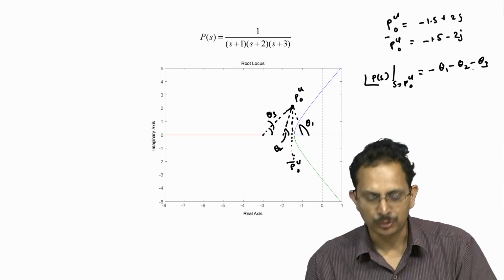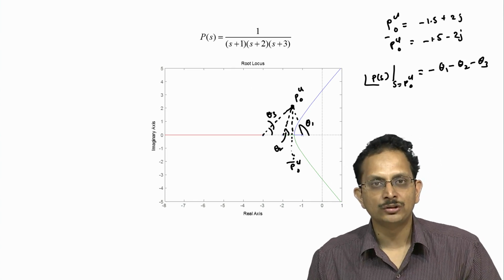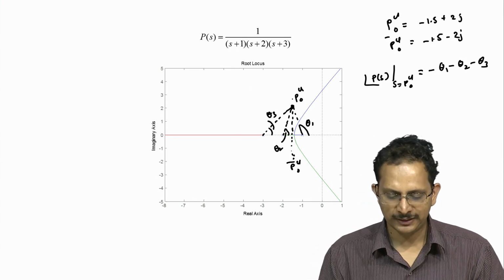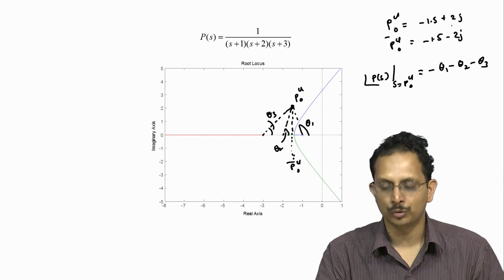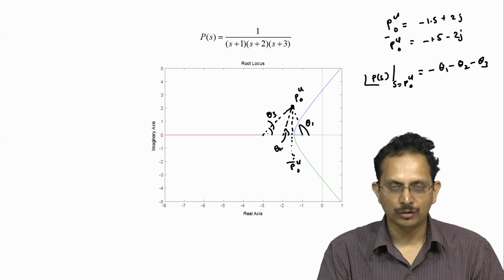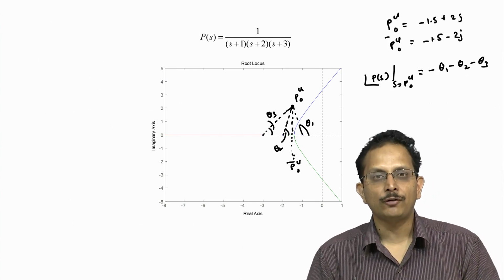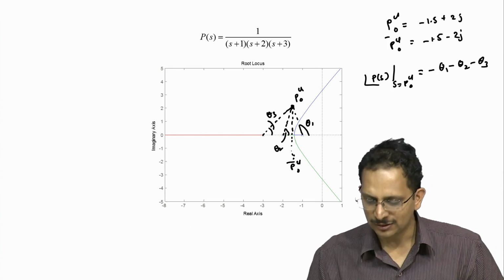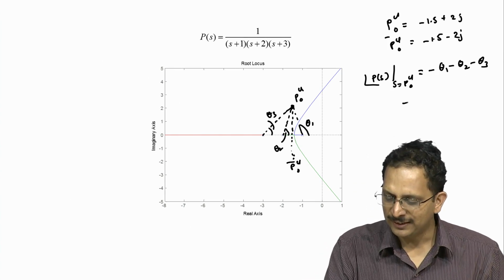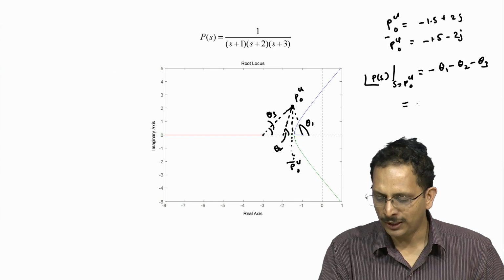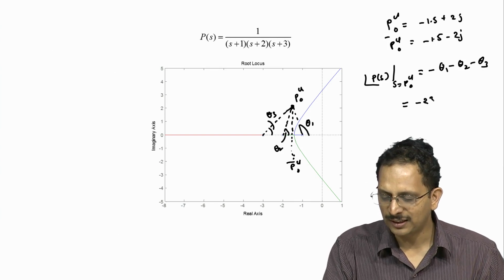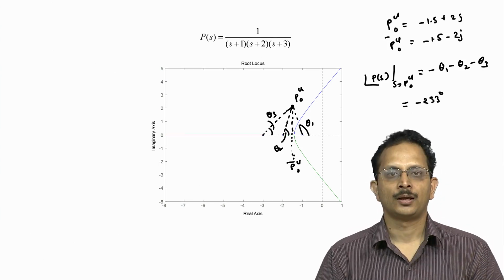Now, if we compute these angles using trigonometry, we know PCL naught is equal to minus 1.5 plus 2j, and we know the locations of these poles. So, it is quite straightforward for us to compute these angles. If we compute them, we get the sum of these angles to be equal to minus 233 degrees.